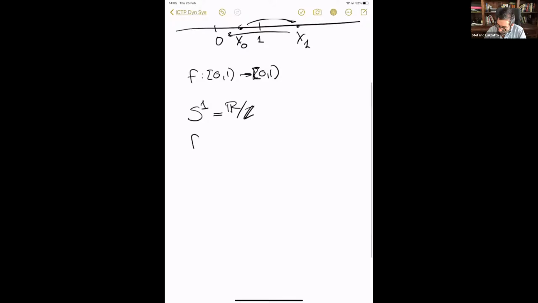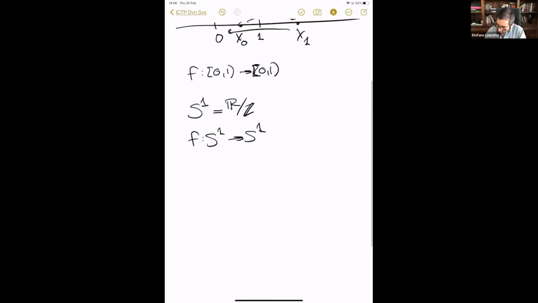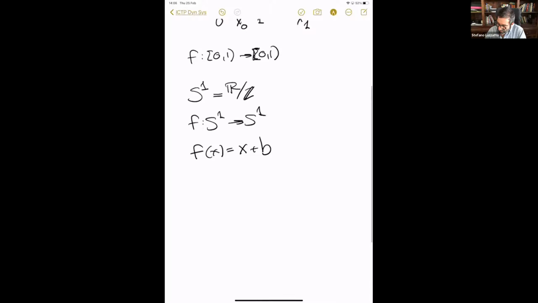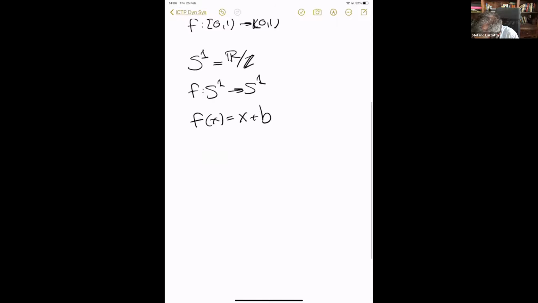Okay, so we're going to study a family of maps S1 to S1, and we're going to start with the case a equals 0. So in particular this case here, f of x equals x plus b. So let's think first how that changes when we're on the real line and when we're on the circle, right?